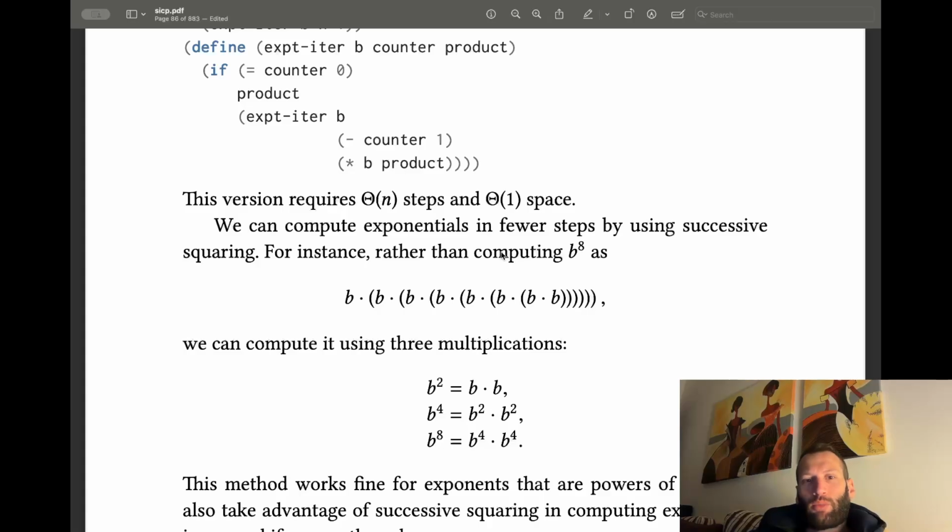We can compute exponentials in fewer steps by using successive squaring. For instance, rather than computing b to the power of 8 with 8 multiplications, multiplying b by itself 8 times, we can compute it using 3 multiplications.